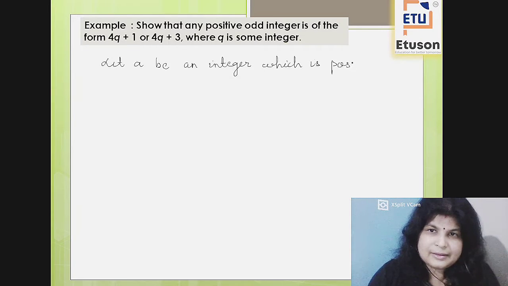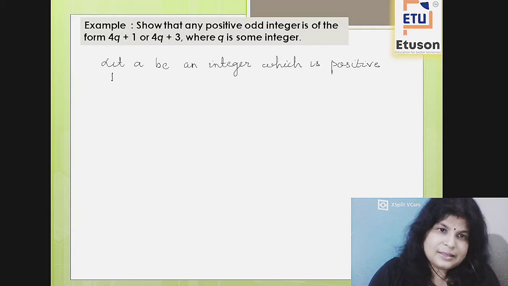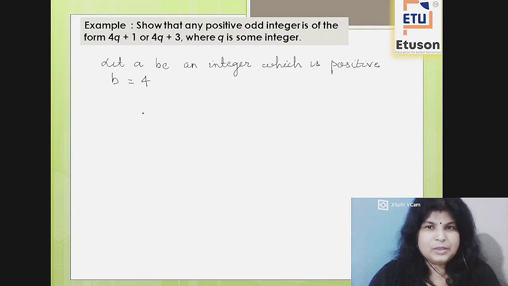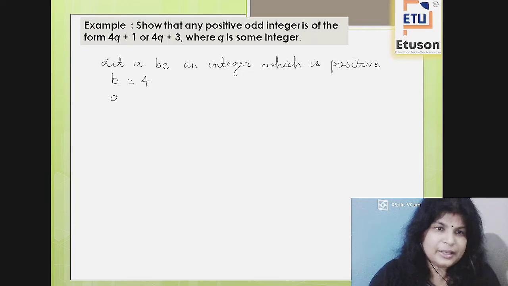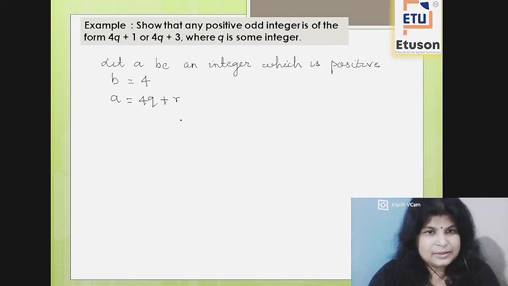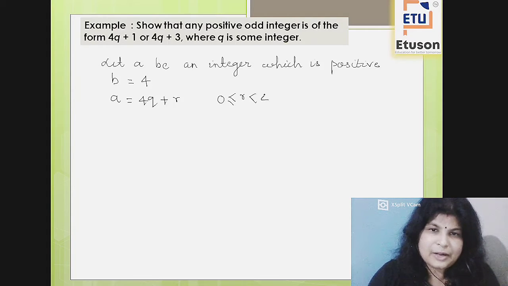Correct? Okay, so now what you will consider is b equal to 4. So now you can write a is equal to 4q plus r, where this r value lies between 0 and 4.